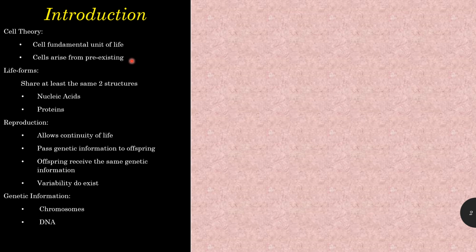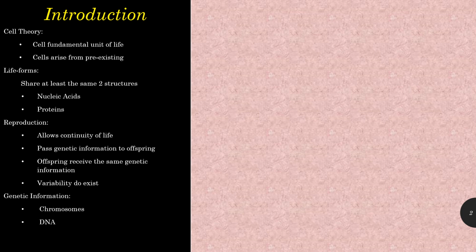Offsprings receive the same genetic information as parent, but some variability does exist. Actually, the entire genetic information is contained by the chromosomes which store this information in the blueprint of life, DNA. DNA not only develops and maintains an organism but also transfers its command onto the next generation.